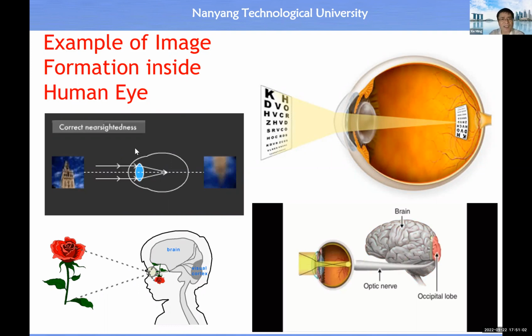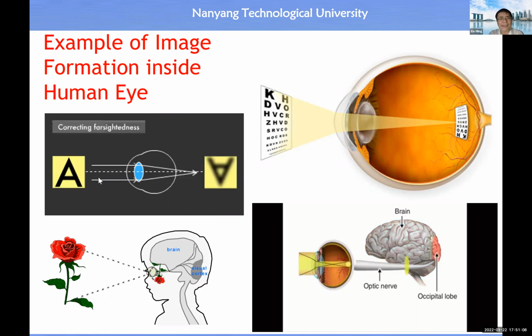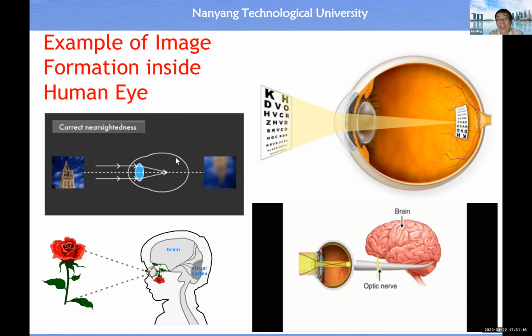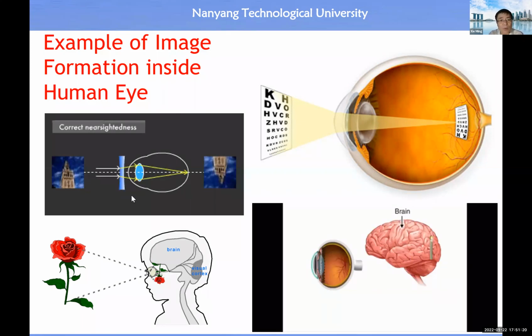And here is for those of you who wear glasses, right? For whatever reason, let's say we have far-sightedness, we have the problem of focusing the incoming light at the right location here, because you see, this is after rectification.